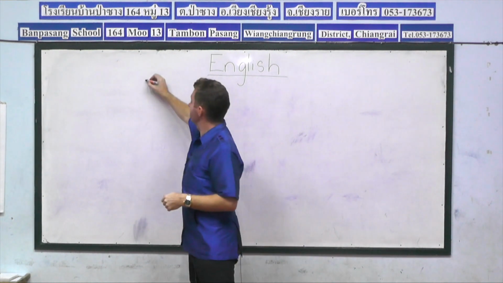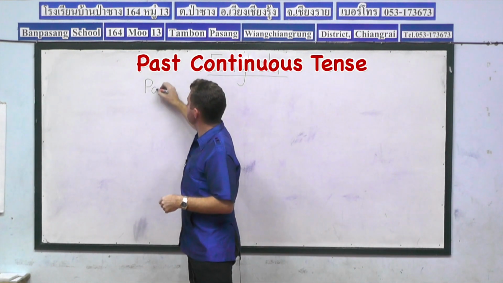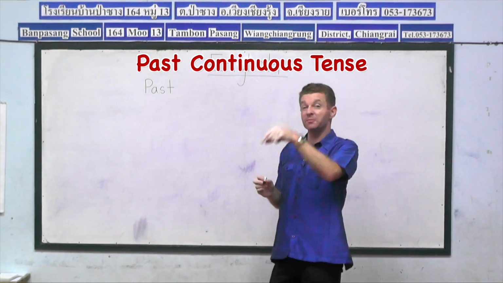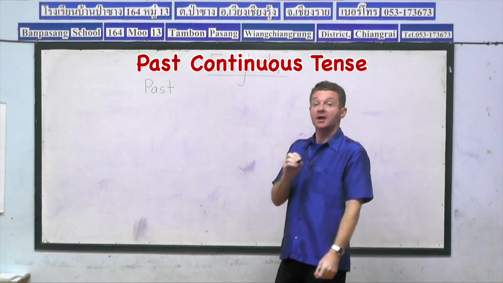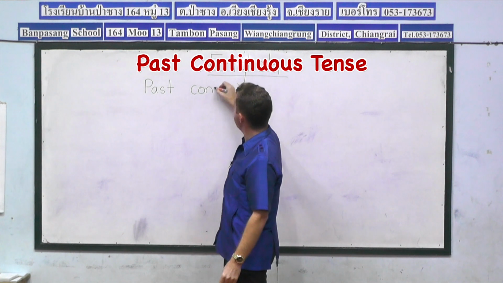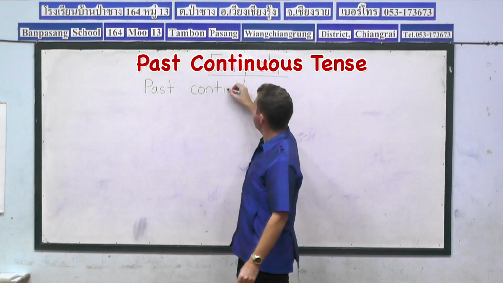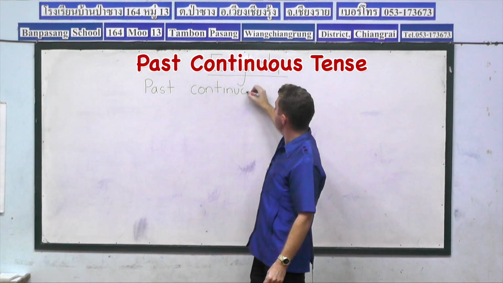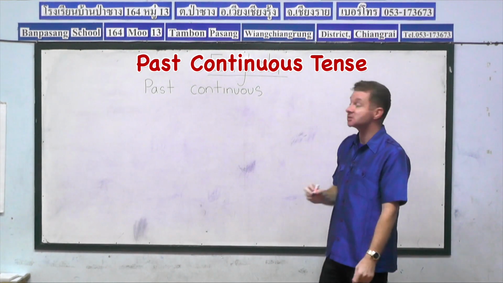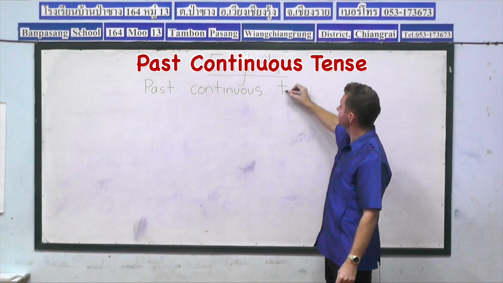Past, P-A-S-T. So the past refers to something that has happened already. And continuous is spelt C-O-N-T-I-N-U-O-U-S. Past continuous tense.